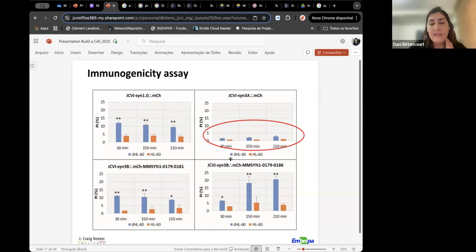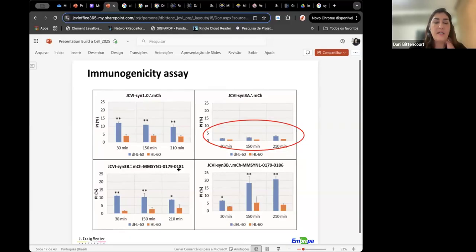They were not differentiated to neutrophil-like cells. So what we saw is that at all the incubation times that we analyzed, none of them was capable of inducing phagocytosis in these neutrophil cells, differently from JCVI-syn1 and also from the 178 to 186 clones.